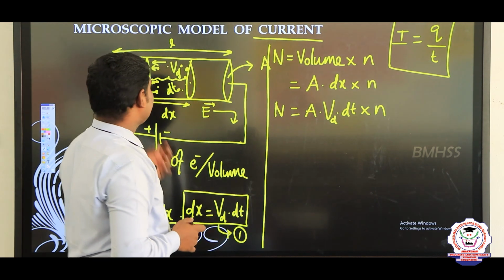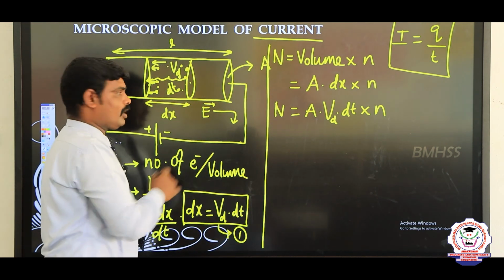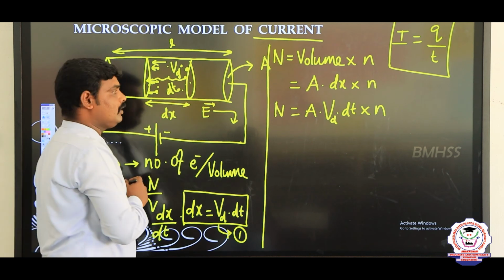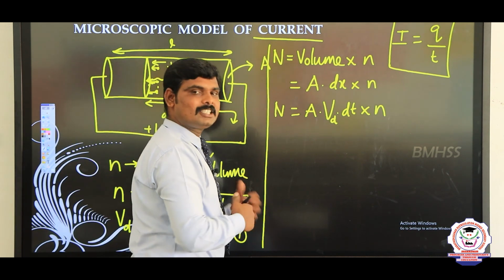So N electrons are crossing this area. How much charge is present?